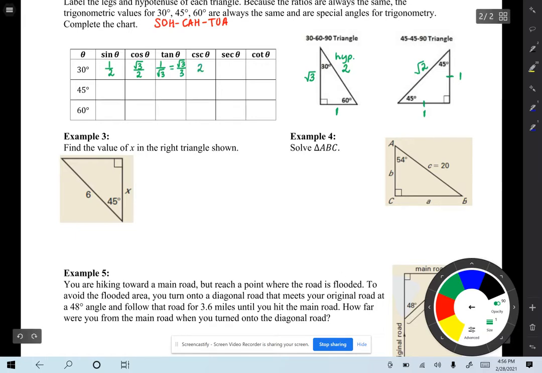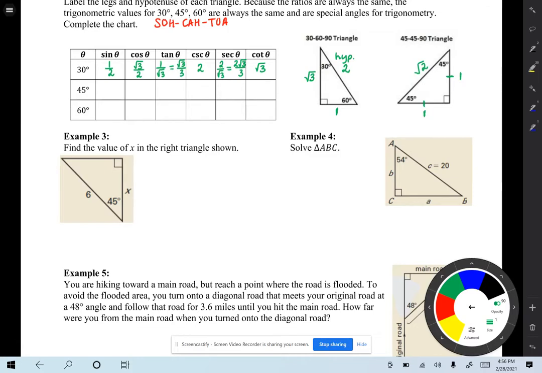Secant is the reciprocal of cosine, so it'd be 2 over the square root of 3, which we don't leave like that. So you multiply top and bottom by square root of 3. And then cotangent of theta is square root of 3 over 1, or just square root of 3.